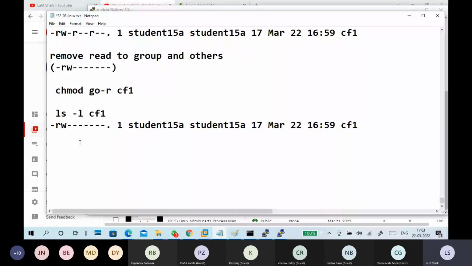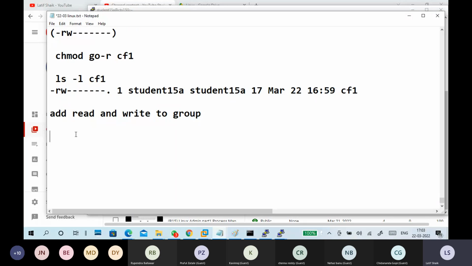This time I will show how to add read and write permission. So I am giving both permissions to the group, just the group. How to do it? What is our output? You will get rw, read and write. Only that part you are changing, right?